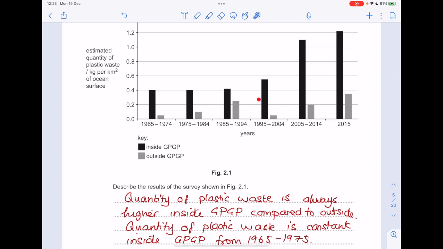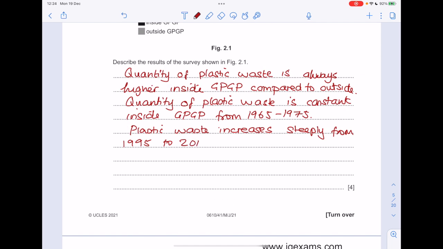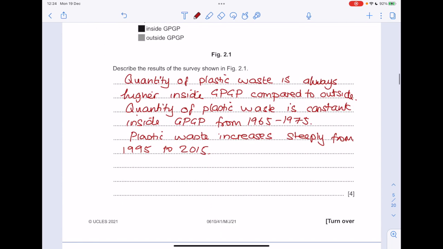The quantity of plastic waste inside the GPGP increases steeply from 1995 to 2015. And there's a smaller overall increase in plastic waste outside of the GPGP. So we're making 4 different points here.